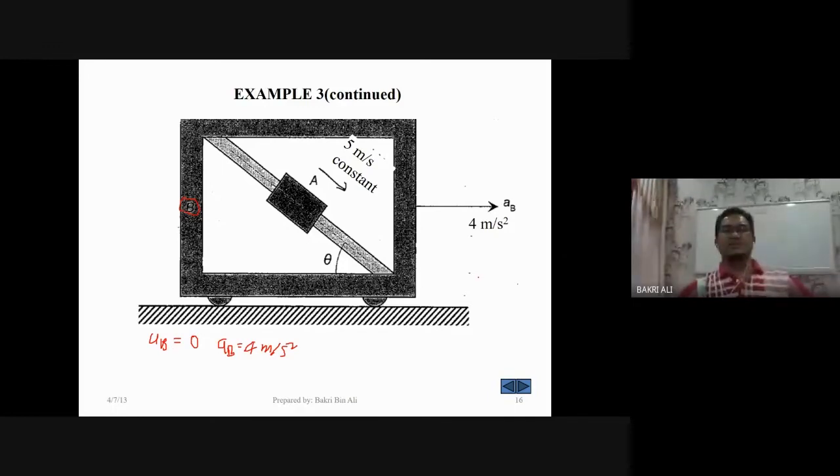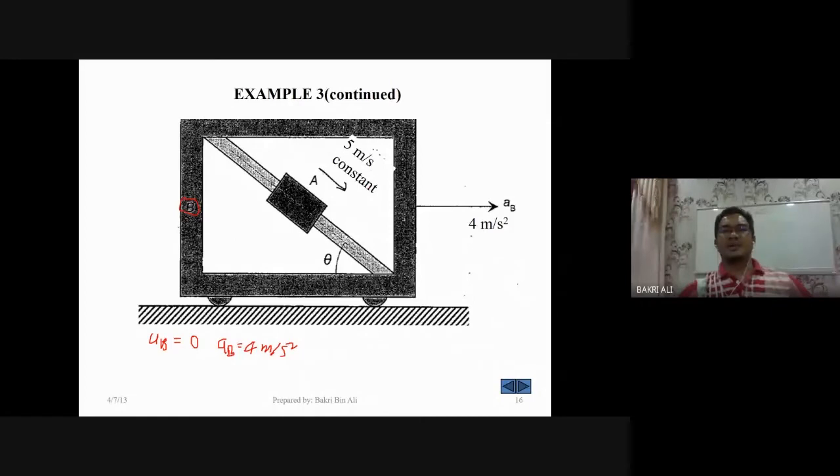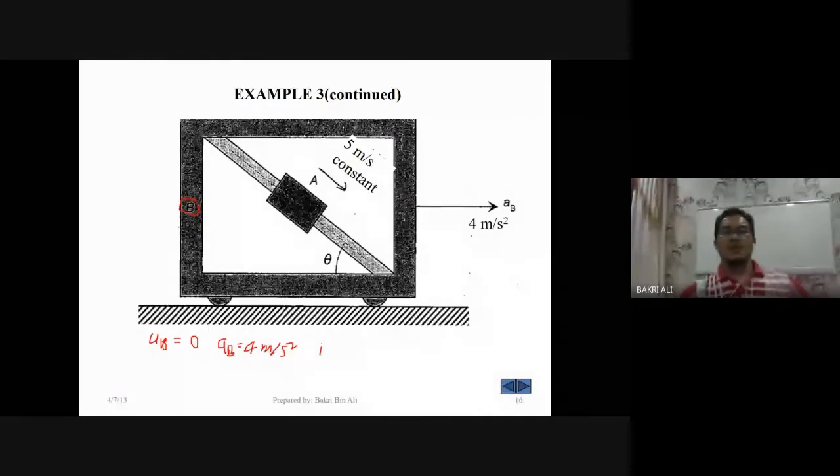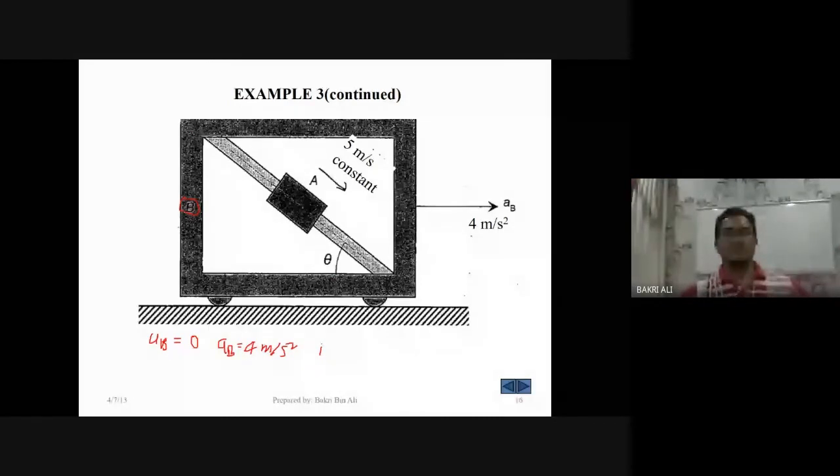And at the same time, the slider A inside the frame B is moving at 5 meters per second constant. To write the data, you should know the acceleration of A. Because A is in the moving frame B, the reference axis of A is moving with frame B. Therefore, this is the relative velocity of A with respect to B: VA/B equal to 5 meters per second constant.